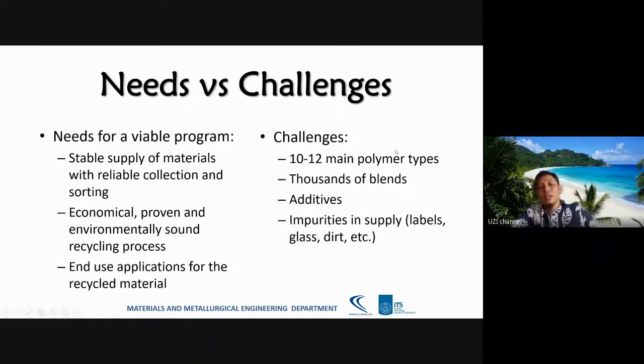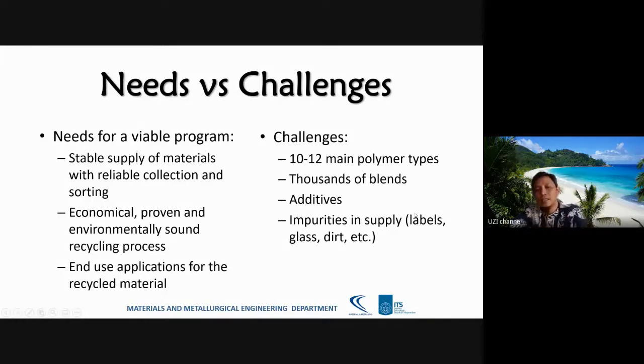But the challenge is that there are 10 or 12 main polymer types for recycled polymer, and we should think about the thousands of blends of polymers, and the additives and also impurities in the supply, because they become problems.